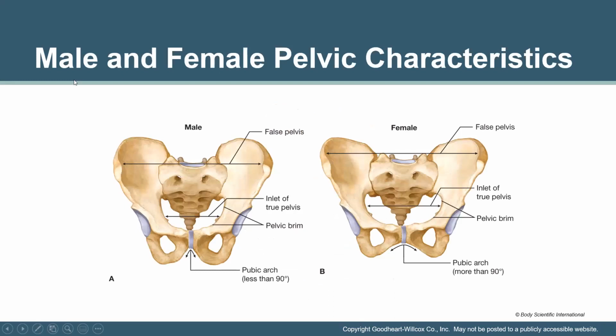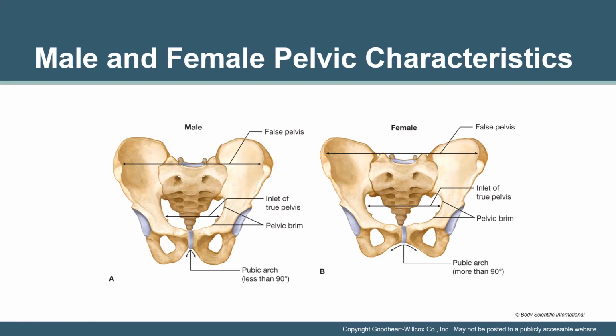When we talk about male and female pelvic characteristics, I think this is relevant. We understand there's a difference due to the ability of the female to house, make, and carry a baby, and then deliver it. So the female pelvis has to be wider and broader, and the pelvic outlet has to be wider as well.